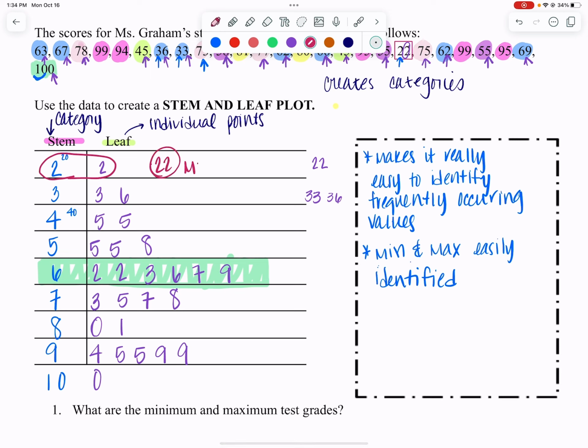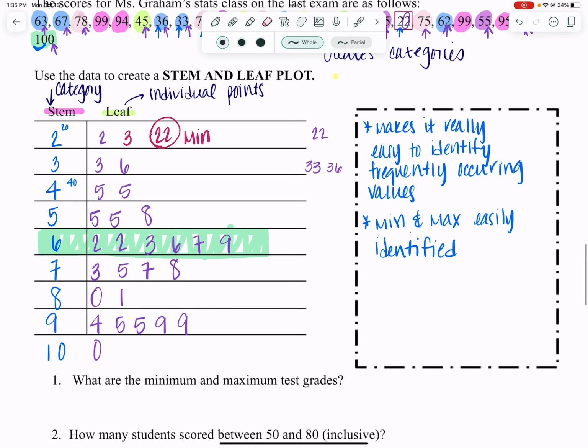So that's my min. If I had a 3 out here, my minimum would still be 22 because my next number would be 23, and 22 is still smaller than 23. My maximum value in my table is going to be the last number in my table. So it would be 100.